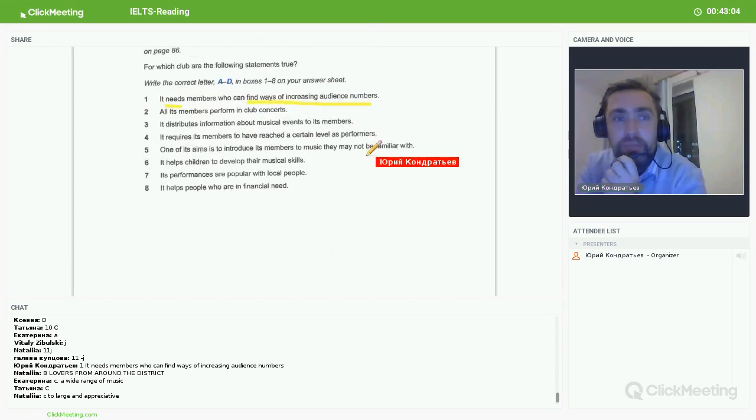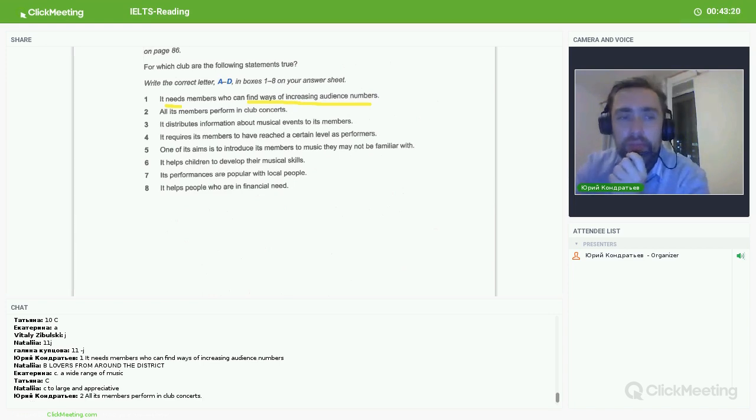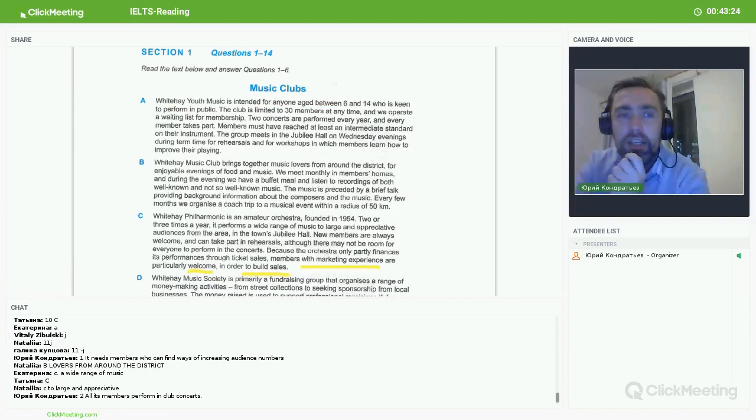Okay, let's have a look at the next one. So all its members perform in club concerts. I will copy this question in the chat. So we need two synonyms, all and perform. So these are keywords, all and perform. And we need to find this in the text.